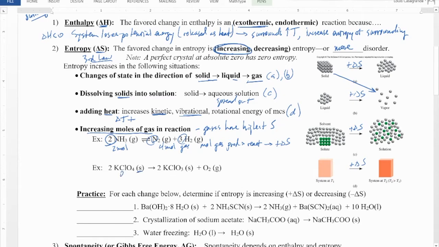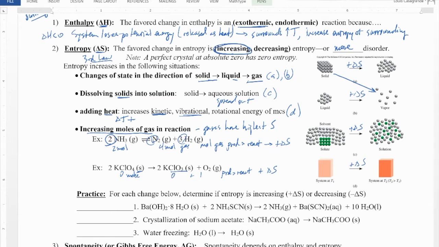Be careful, this is a solid. We have no moles of gas. Even though there's a 2, that's still 0 plus 1. So the product is still greater than the reactants, and so we have a positive delta S. Obviously, going in the other direction would cause a decrease and a negative delta S.